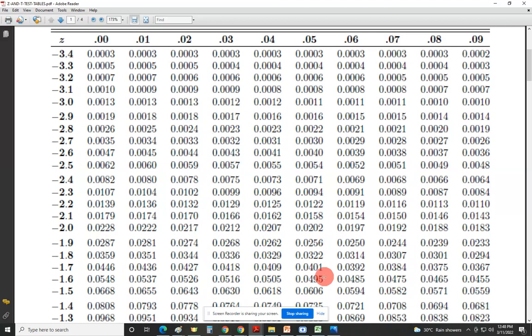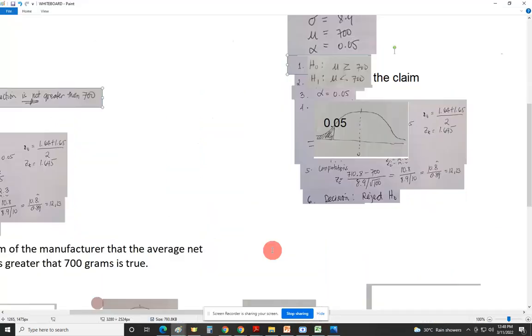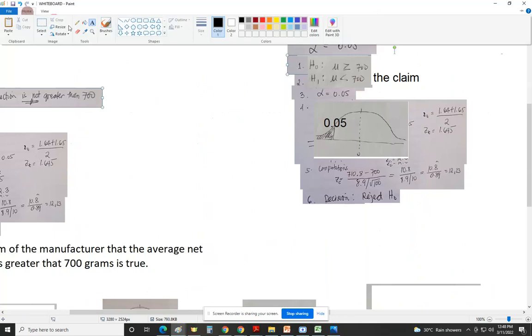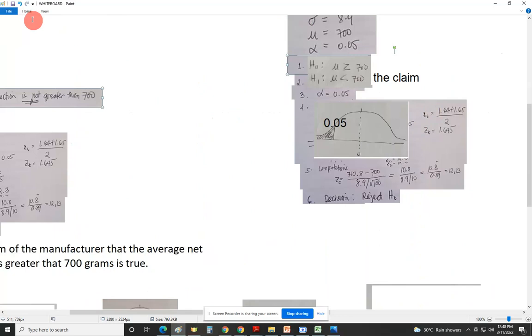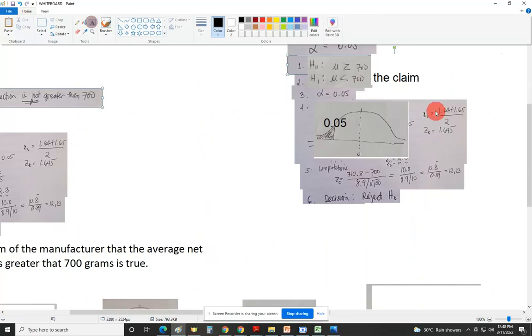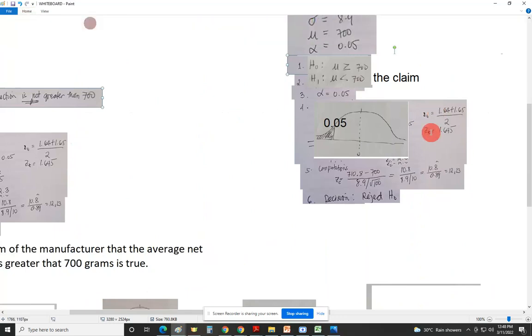Plus negative 1.6 plus negative 0.05, so it's negative 1.65. You need to get the average, so your answer is the same value but a different sign. We'll just insert negative here, and then negative here.